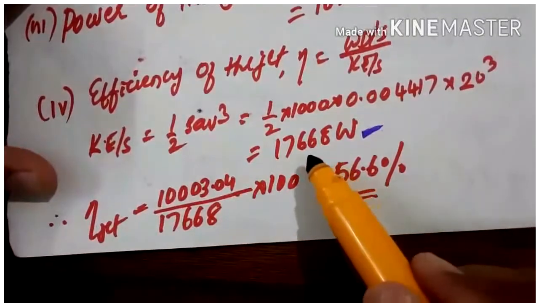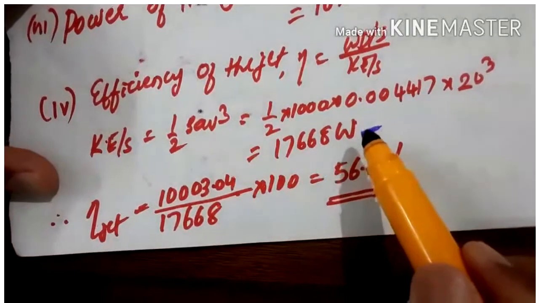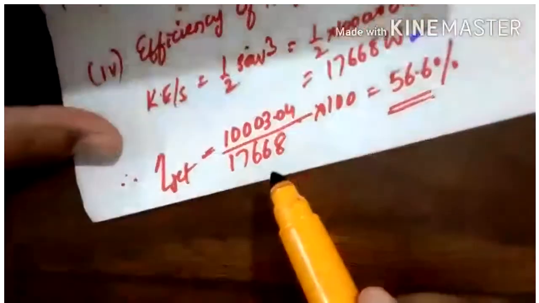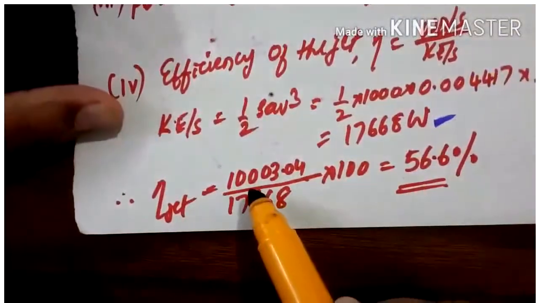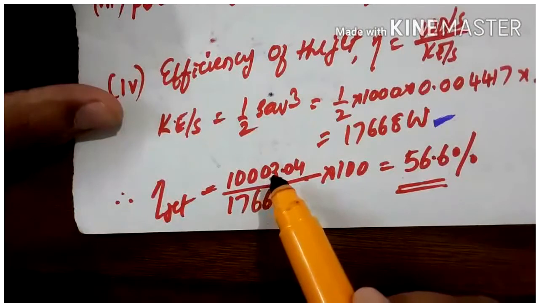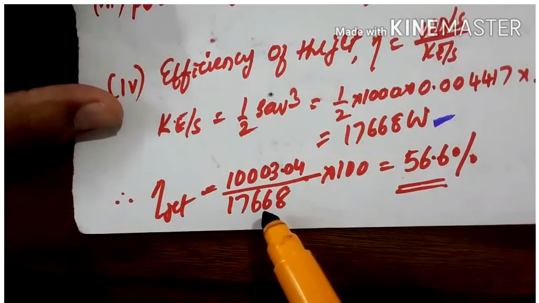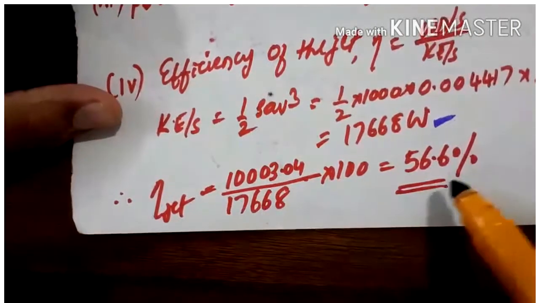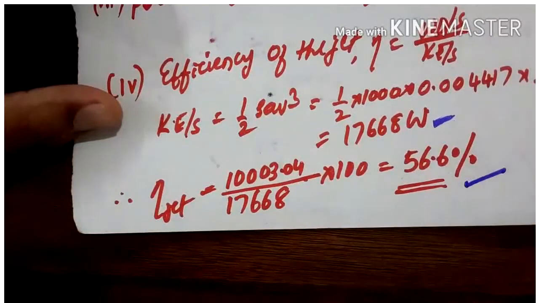So we get 17668 watt. Finally the efficiency will be 10003.04 divided by 17668 into 100, we get efficiency of the jet as 56.6%.